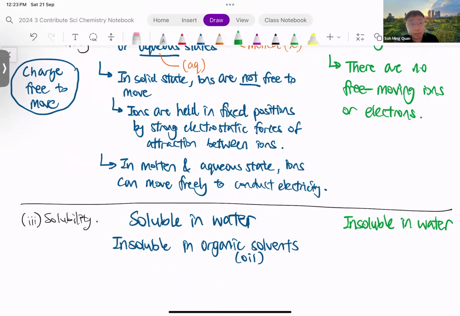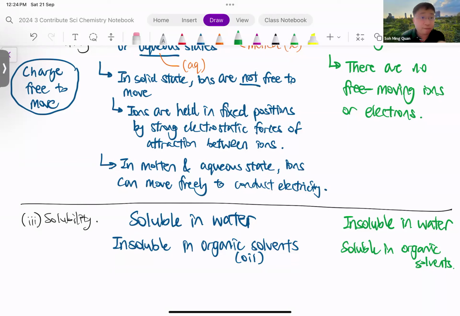So covalent substances are insoluble in water, but they are soluble in organic solvents. Okay, so they are opposites. You can really see that ionic and covalent bonding are really opposites of each other, be it in terms of what they do with the electrons, or in terms of their properties like melting point, electrical conductivity and solubility.